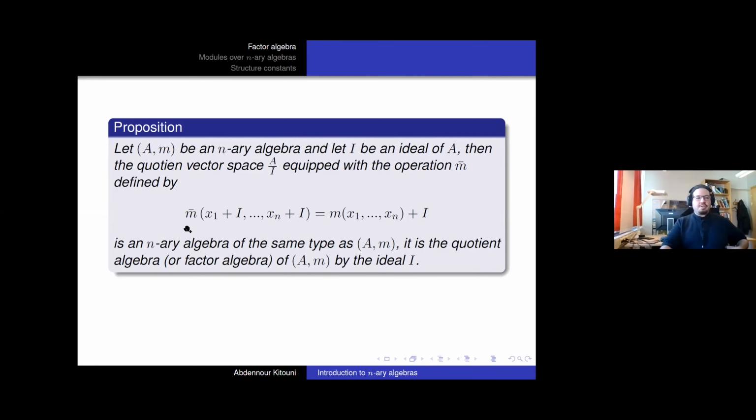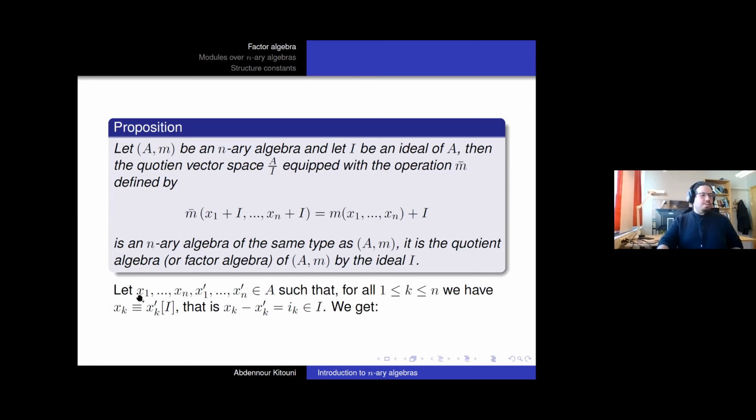Of course, another thing before we move on, this factor algebra or quotient algebra will be always of the same type as the original one, as total associativity, skew symmetry, Jacobi identity, and all of this kind of properties are transmitted naturally to the quotient.